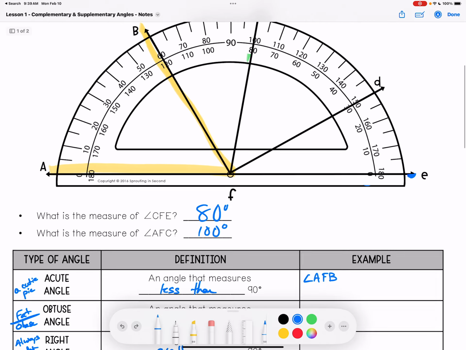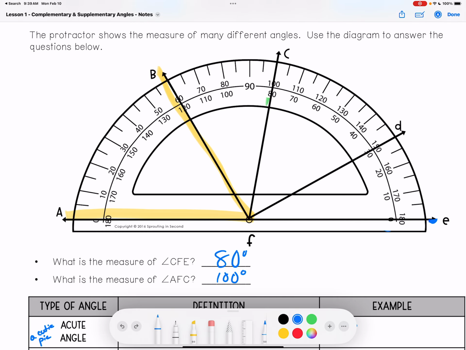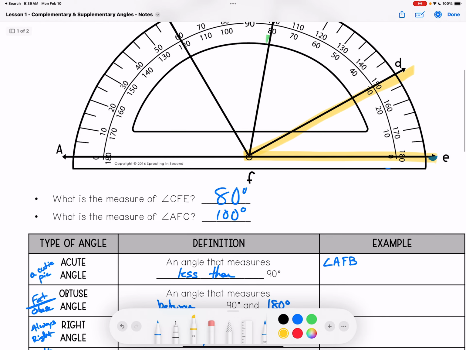All right, the next triangle that is less than 90 degrees. Okay? Less than 90 degrees, EFD. That's another one.